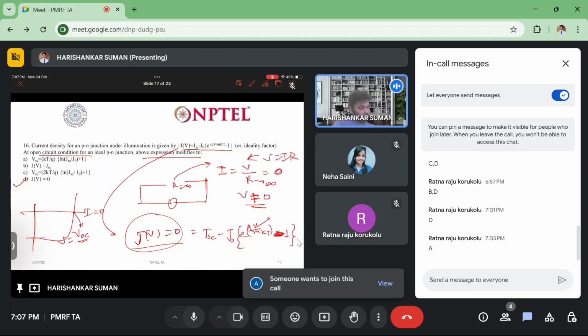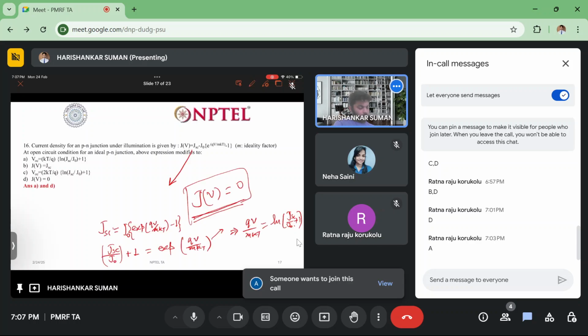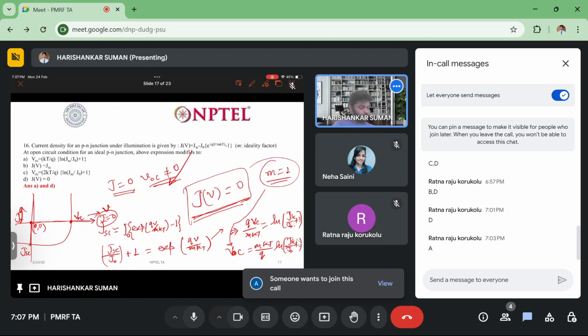Can you solve this equation? One minute, let me show you. Current will be 0, so equate this expression to 0 and solve this equation. We will get the expression like that.